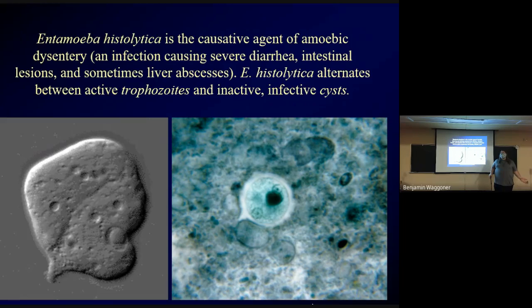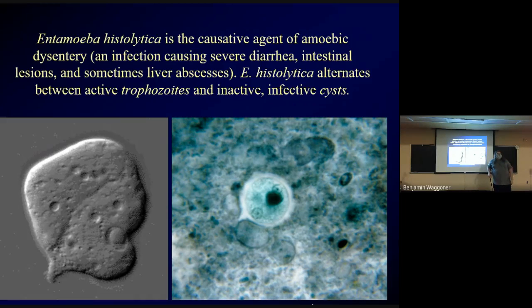Dysentery means bad intestine. So this is amoebas doing bad things to your intestine. And by bad things, I mean potentially bleeding ulcers, potentially perforating your intestine completely and starting to eat your liver, certainly severe diarrhea and symptoms like that.